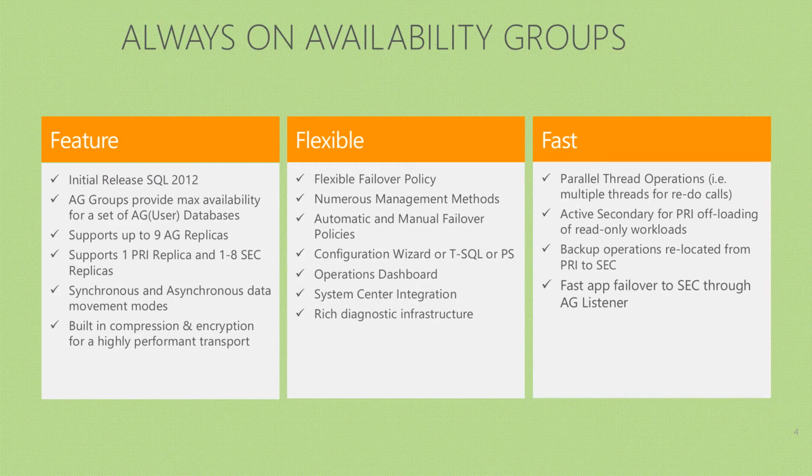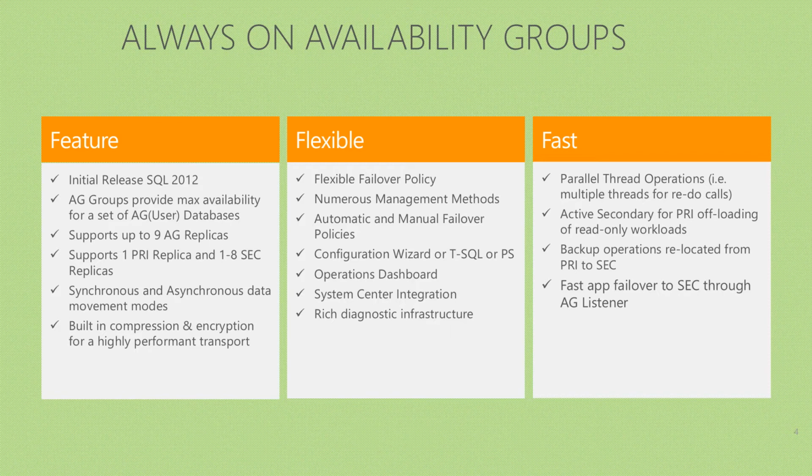Note that between the Enterprise Edition and the Standard Edition of SQL Server, there are differences in how Always On is implemented. In the Enterprise version, you will typically create different availability groups for groupings of your databases that you want to fail over as a unit. Failover is at the availability group level.